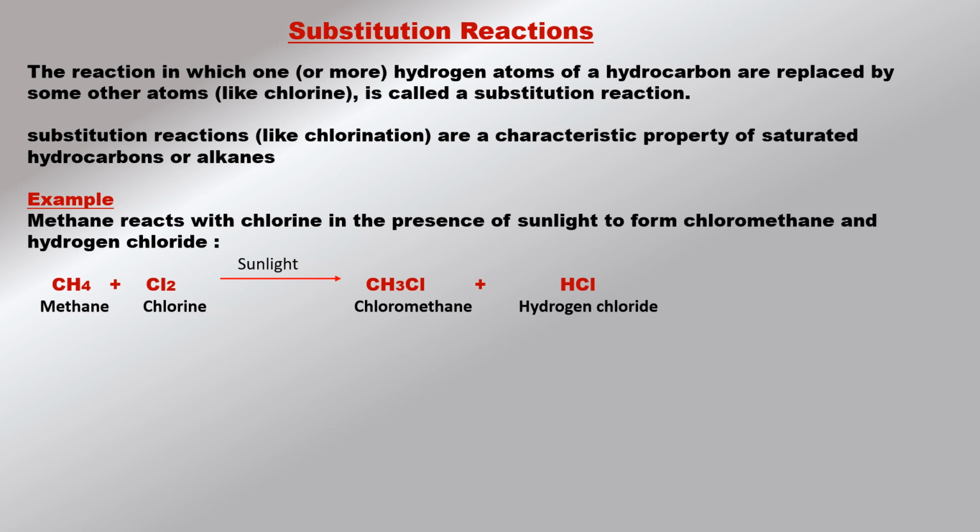The substitution reactions of saturated hydrocarbons, alkanes, with chlorine take place in the presence of sunlight. We will now give the substitution reaction of methane with chlorine. Methane reacts with chlorine in the presence of sunlight to form chloromethane and hydrogen chloride.